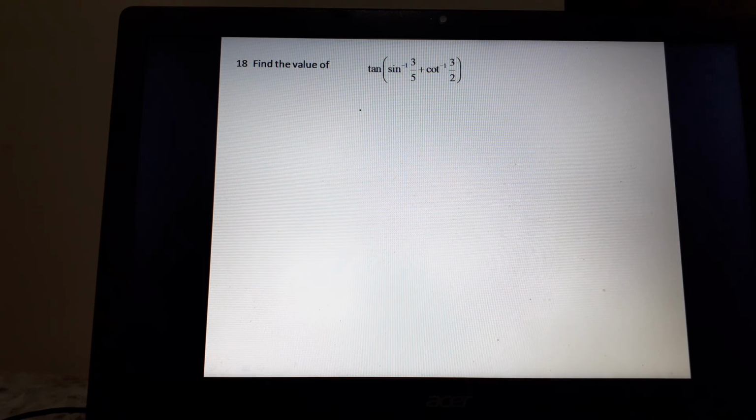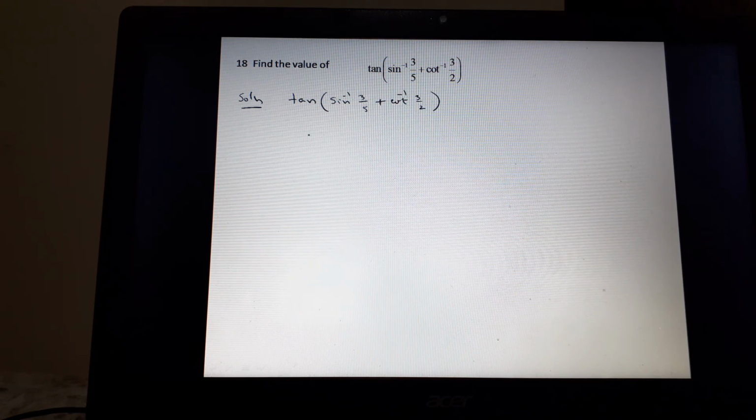So let us do this question like this. Consider tan of sine inverse 3 by 5 plus cot inverse 3 by 2, which is what is required.